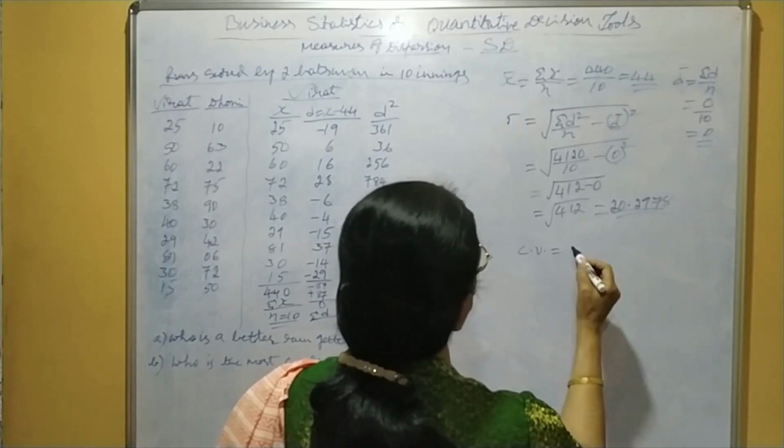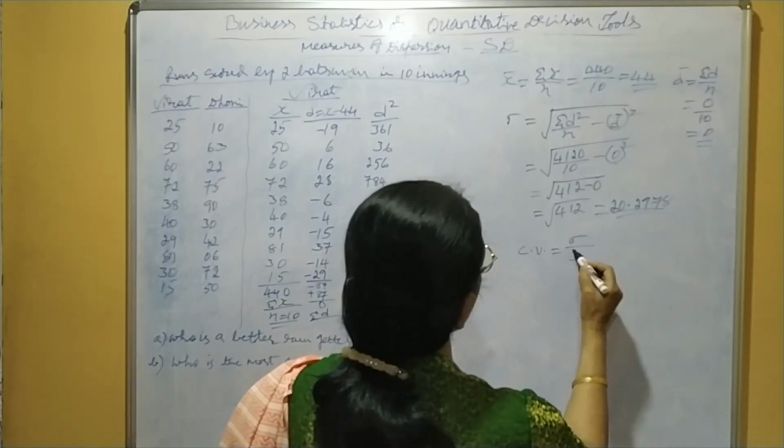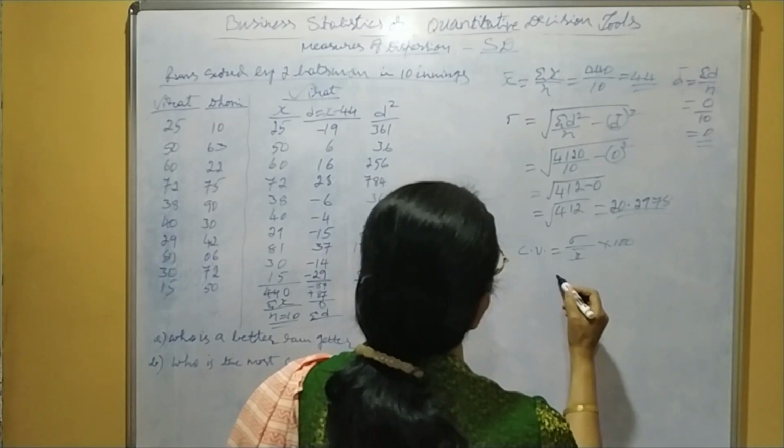20.2978. Now next we have to find out coefficient of variation. Coefficient of variation equals standard deviation divided by x bar into 100.